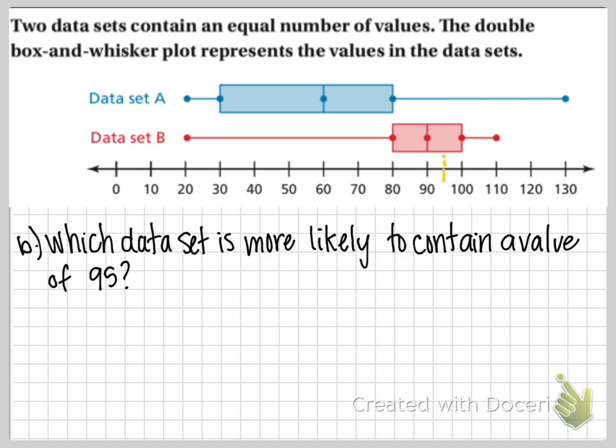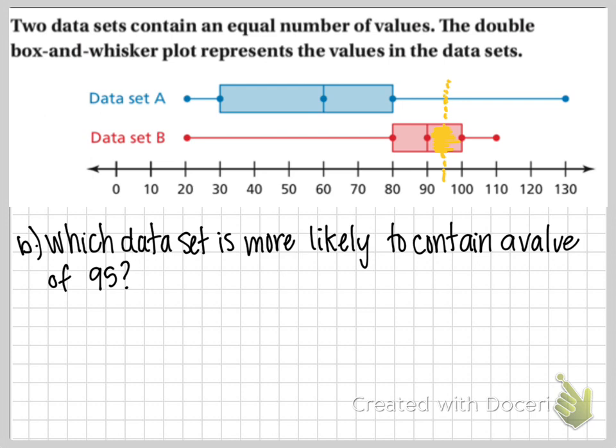Using the same box and whisker plot, then we go to question B, which says, which data set is more likely to contain a value of 95? So if we find 95 on our number line, and we sort of draw a little line up, we can see that 95 in data set B is going to be somewhere in this interquartile range. And this is the middle 50% of all the data. So there's a lot of numbers in there. It's very likely that one of them is 95.